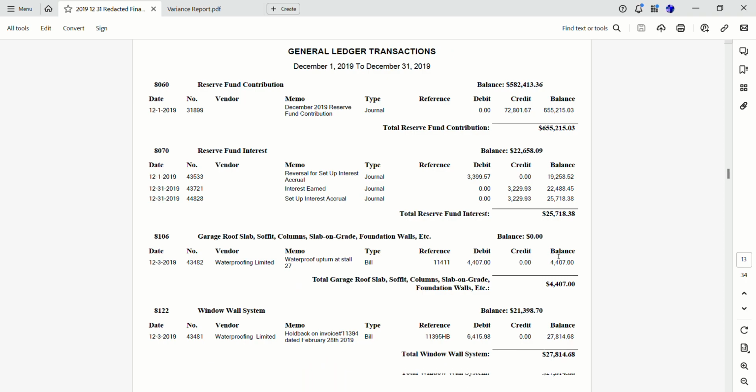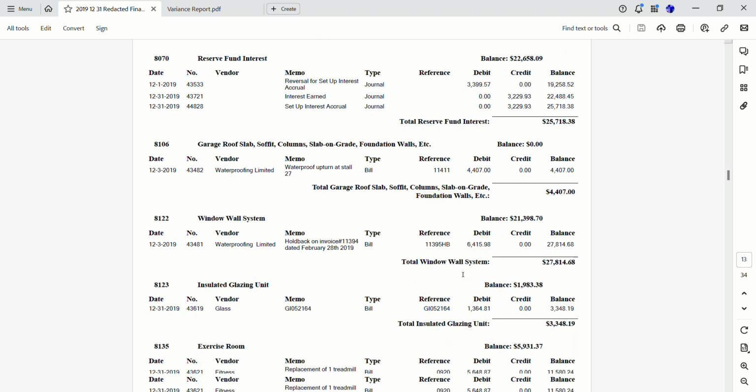Also, like the one I mentioned in the variance report for the fire safety work, which is the one non-contract work, when we review it, if the board wants to review and agree with the management, we can move it from the operating fund to the reserve fund. It also shows in this general ledger transaction report. We can see the details, the memos, and also the vendor we hired for what kind of work we do.